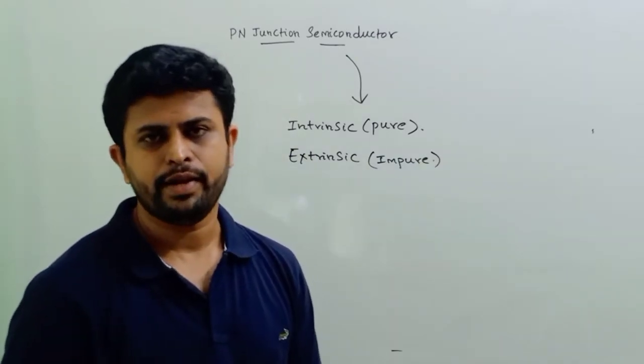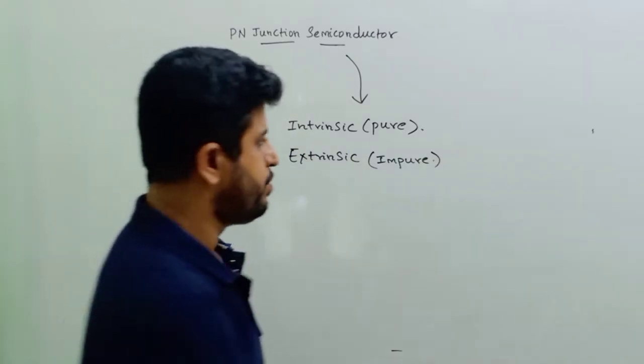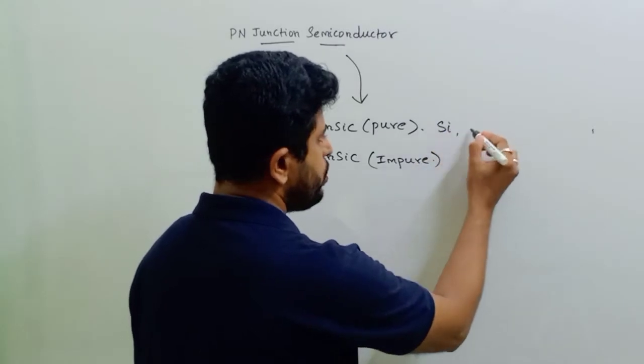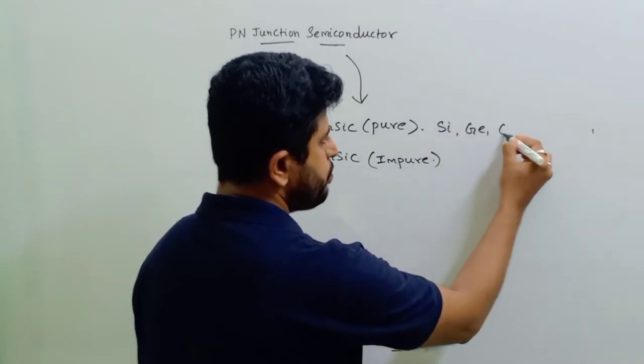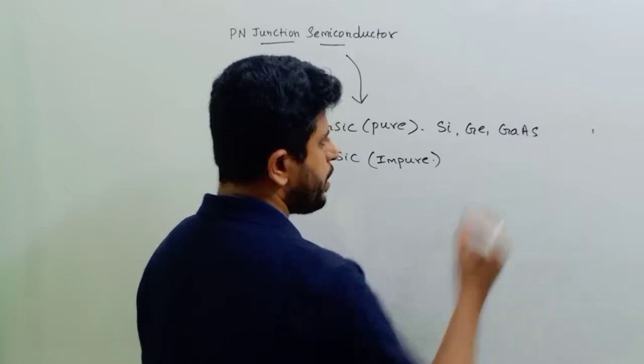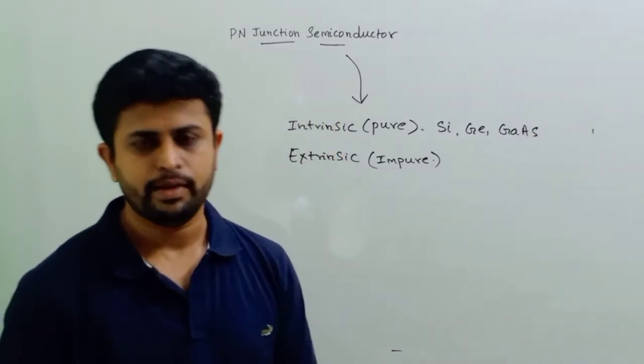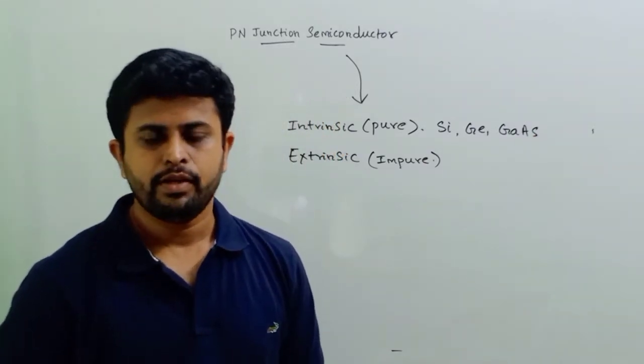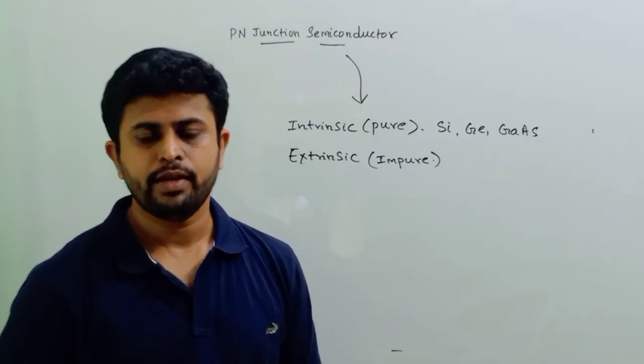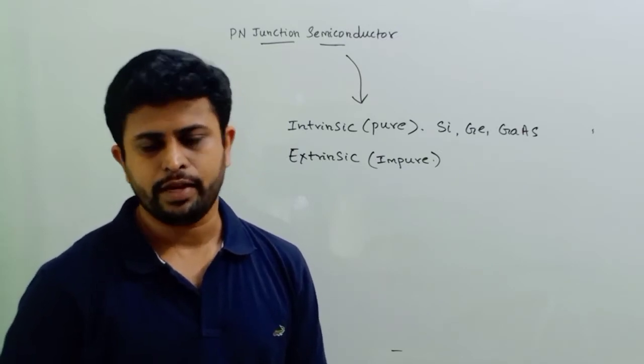The semiconductor materials available are silicon, germanium, and gallium arsenide.